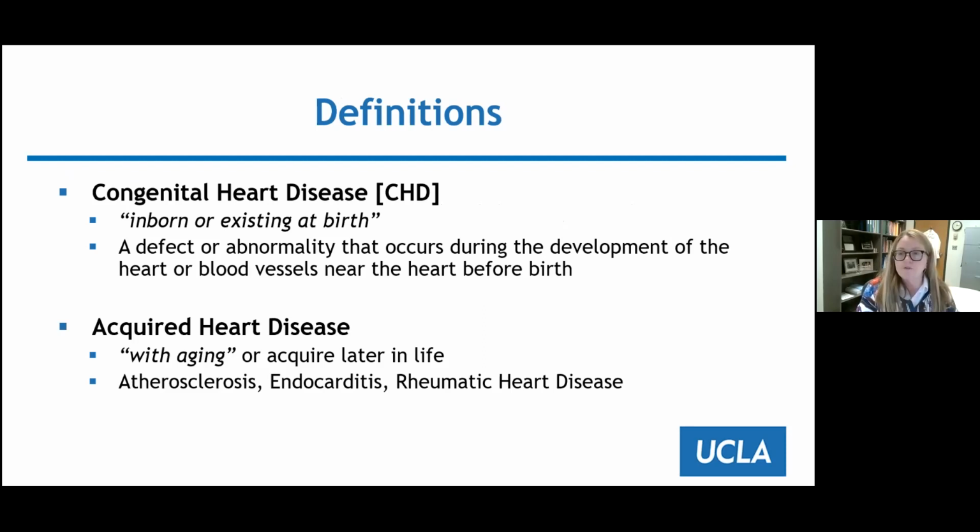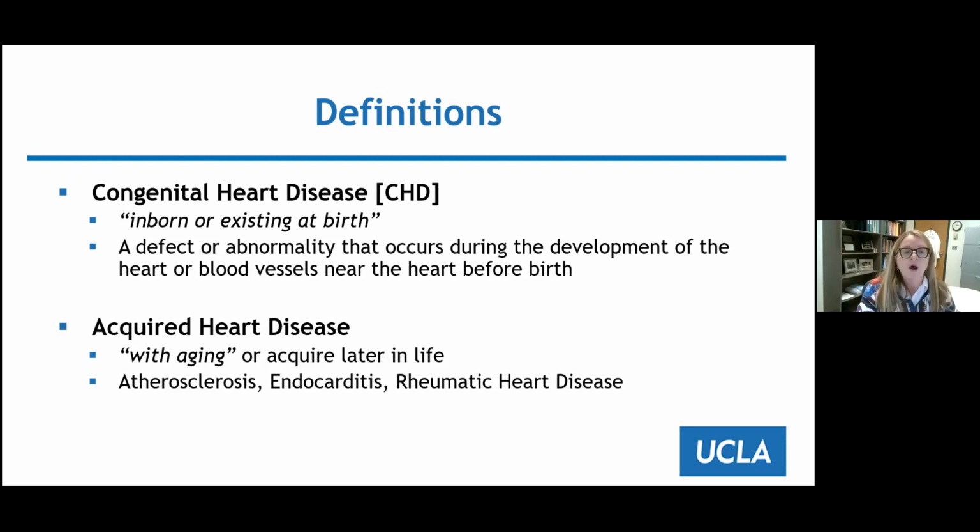Let's talk about a few definitions before we get started. Congenital heart disease means it is inborn or existing at birth. It's a defect or abnormality that occurs during the development of the heart or blood vessels near the heart before birth.